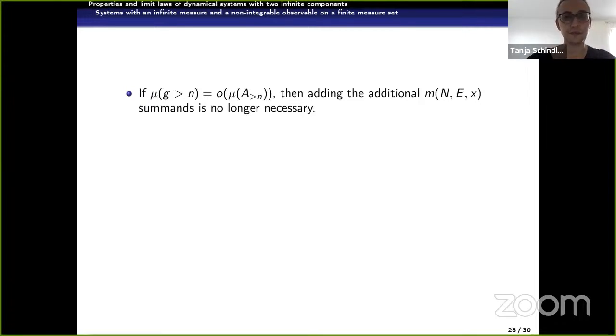If we assume that the decay of the measure of T being larger than n is in little o of n, then adding these additional summands is no longer necessary. So basically in this situation, even though we have an infinite measure, the non-integrable observable plays the leading part.